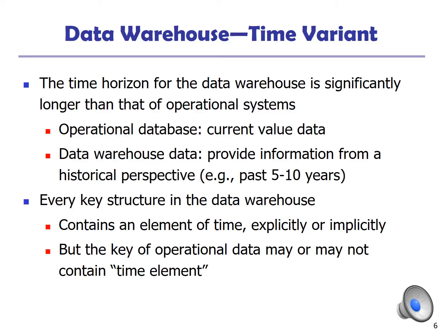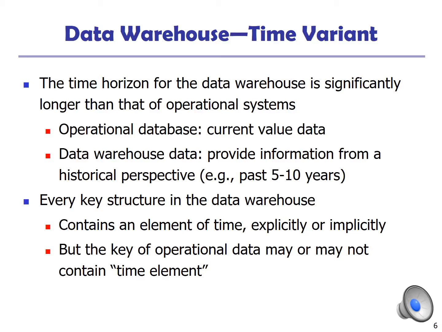So the simple way to put it is the operational database has current value data. Okay, so probably it just has a week's data or a maximum of a month's data at hand. Whereas the data warehouse contains all data, gathered from day one when the organization was started until today, right?